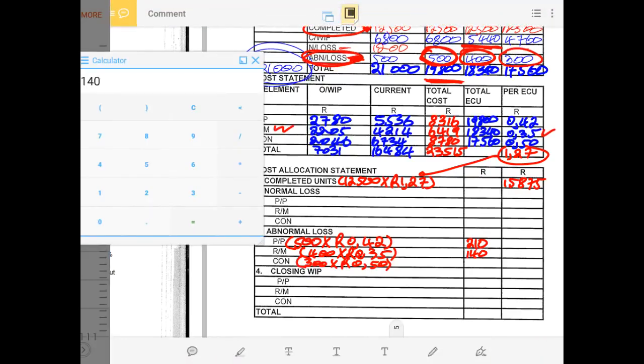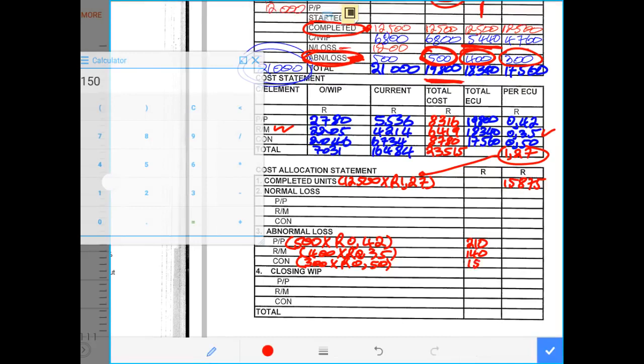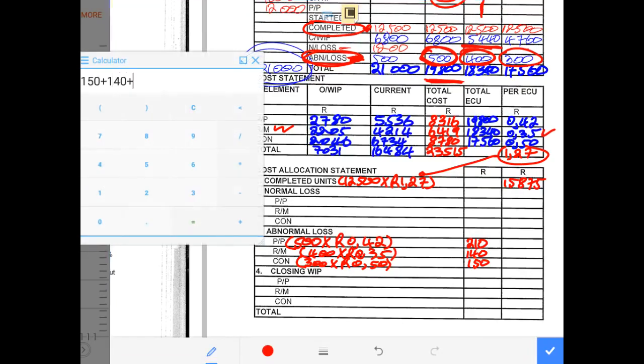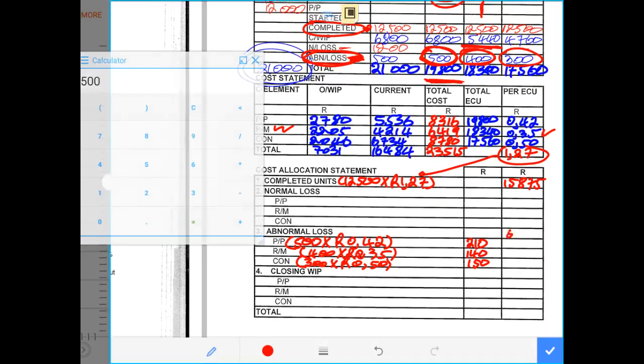Conversion cost per unit, which is 50 cents, times the total units of 300, gives us the conversion cost amount of the abnormal loss, which is 150 rands. Then we say 150 plus 140 plus 210, and this gives us the total abnormal loss of 500 rands.